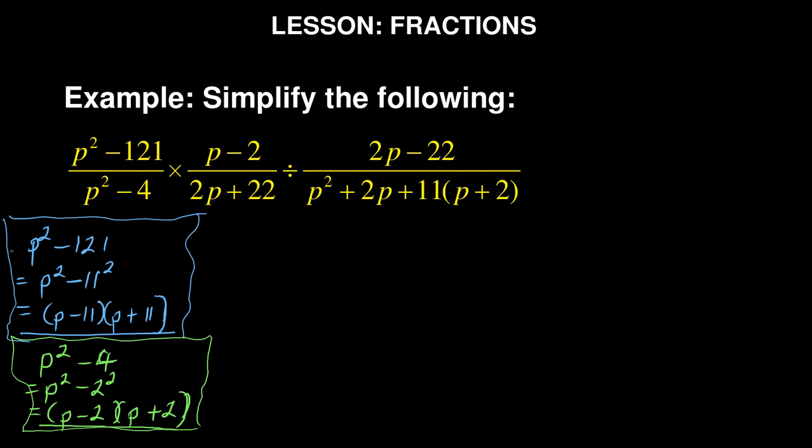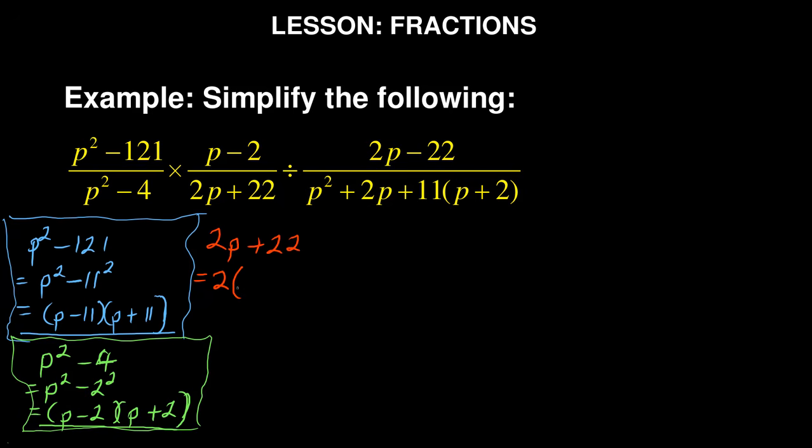The next part is 2p plus 22. You can see that p only appears in one term, but there is a common factor 2. So you can factorize and say it is 2, which is common.